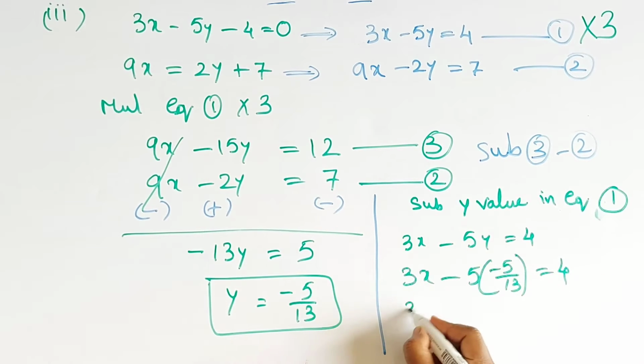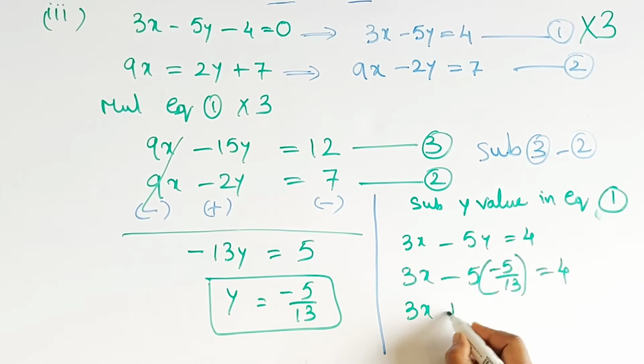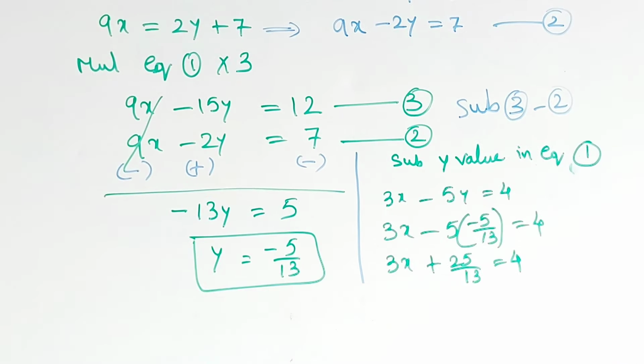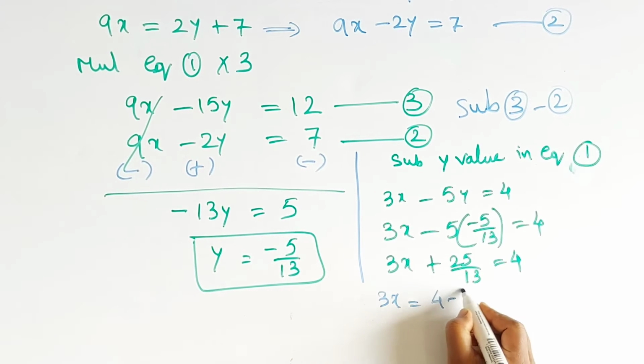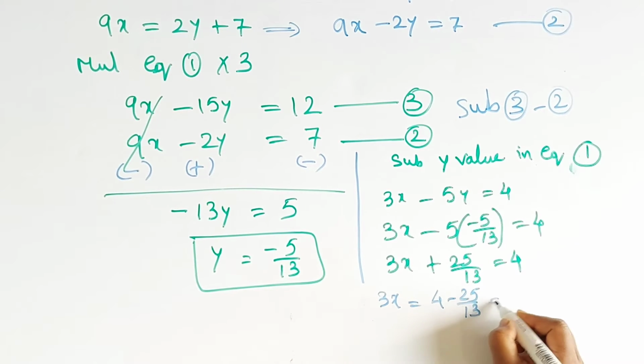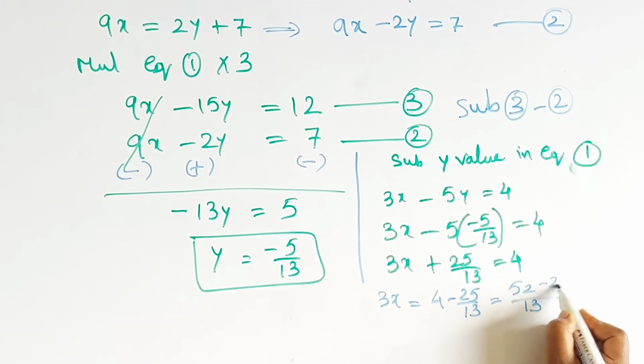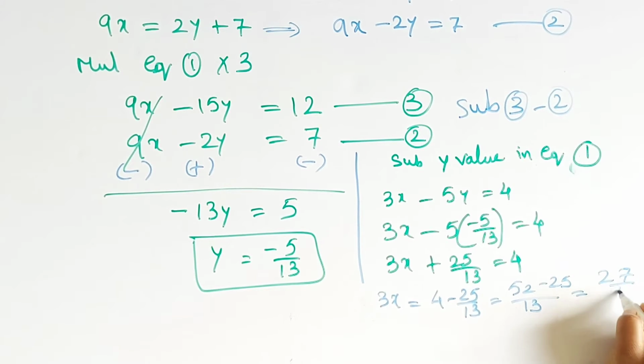From here 3x minus minus, plus 25 by 13 equal to 4. From here 3x equal to 4 minus 25 by 13. 13 is the LCM here. 4 13s are 52 minus 25, 52 minus 25 is 27 by 13.